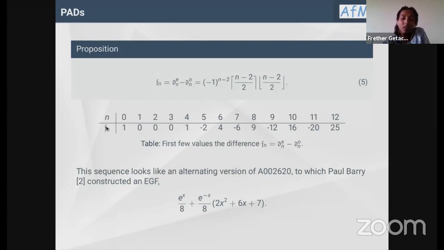So we have over here the sequence. It's actually an alternative version of the sequence in the online encyclopedia with this one, which has an exponential generating function introduced by Paul Barry, but he introduced it using Mathematica, so we gave a constructive proof for the exponential generating function.